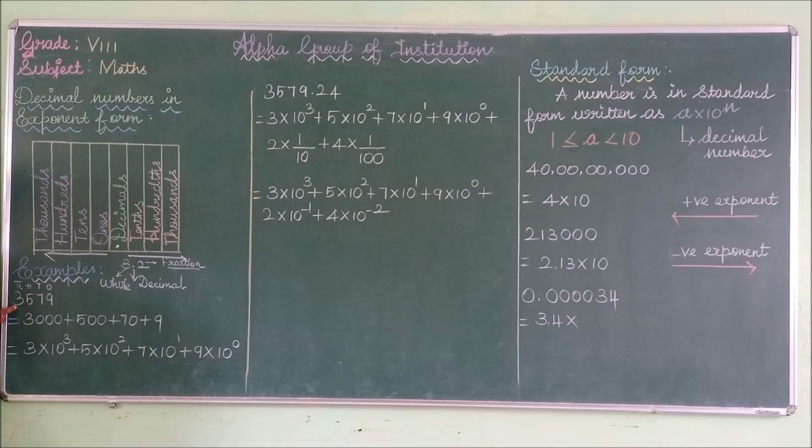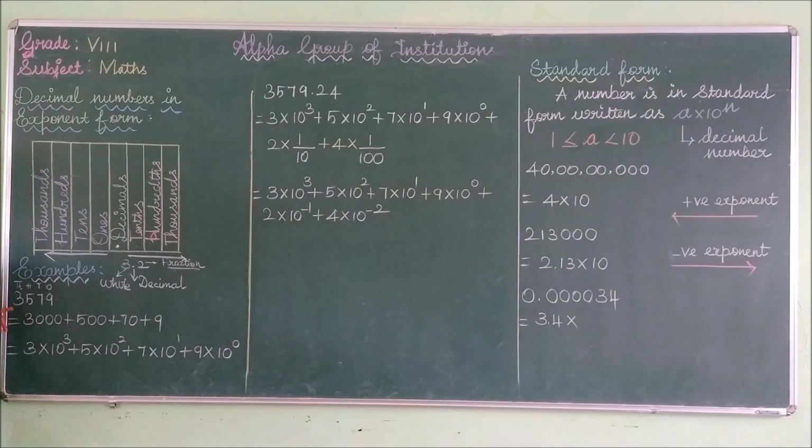It ends with the thousand place. So we start with 3,579. The ones place is 9. So split and write. This is 3,000. So you can write 3,000 plus the second value is in the 100 place, 500, plus the third place is tens place, so 70, plus the last one is ones place, 9.